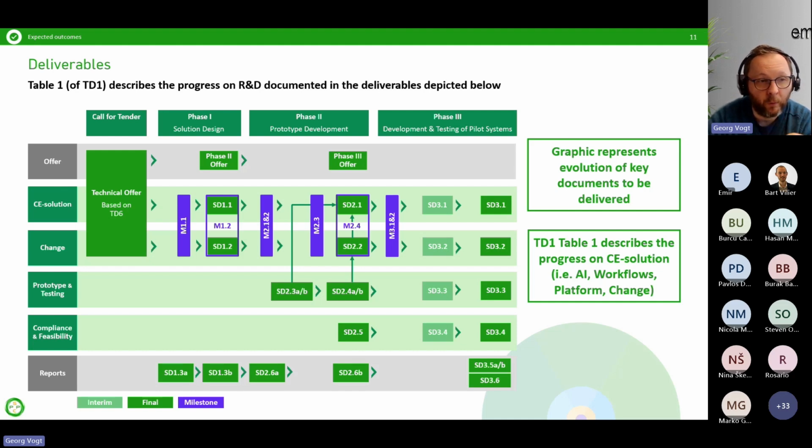The term I always use is so-called living document. So we do not want you in each phase to develop something new and provide us with a new deliverable, because it is not good for you, it's not good for us. What we want is that the CE solution will be well described in your technical offer. This is why you win.